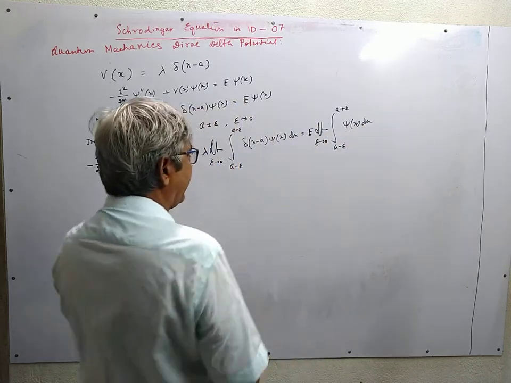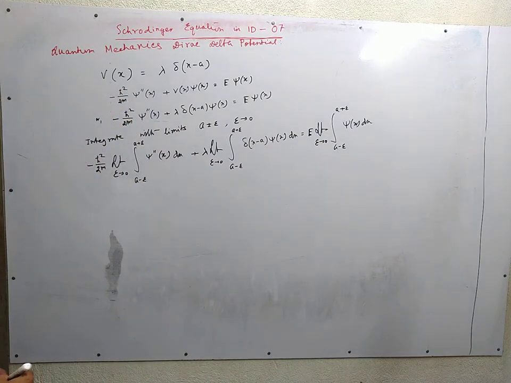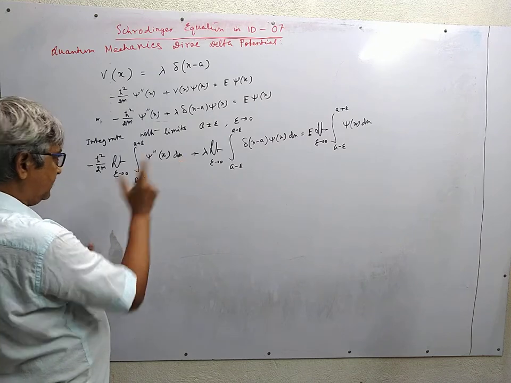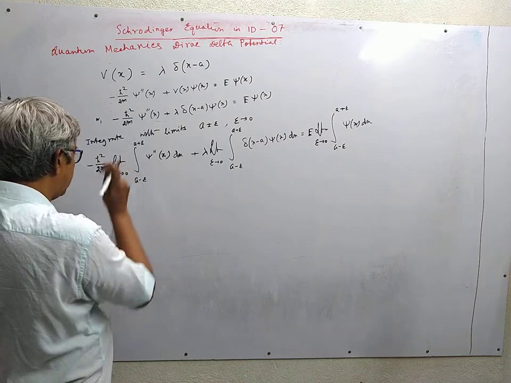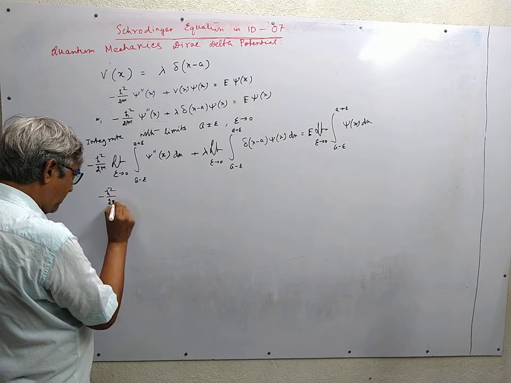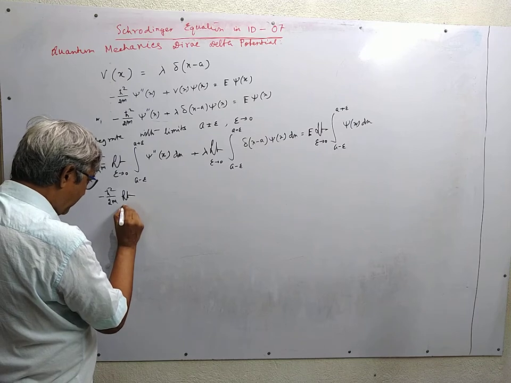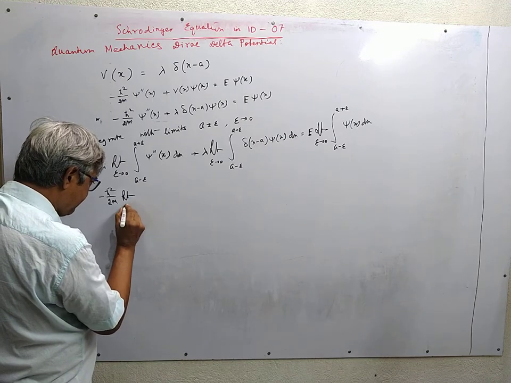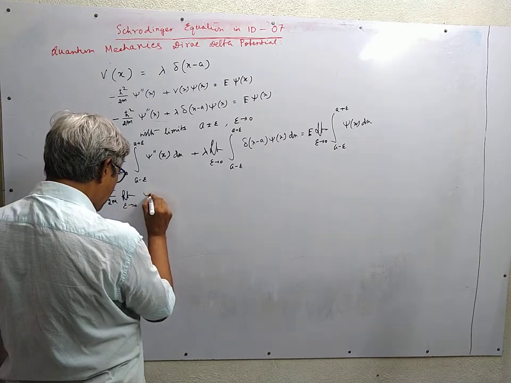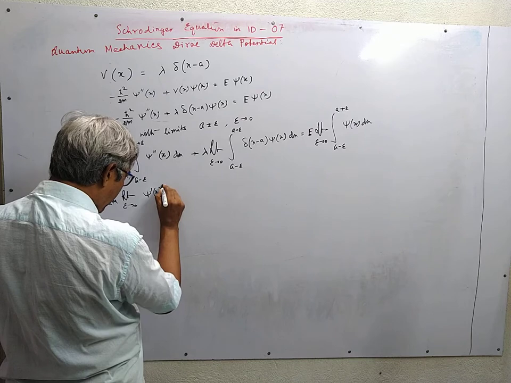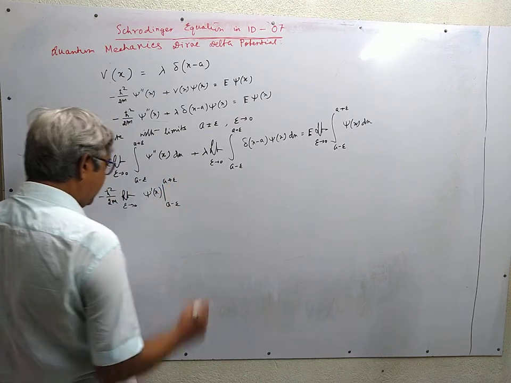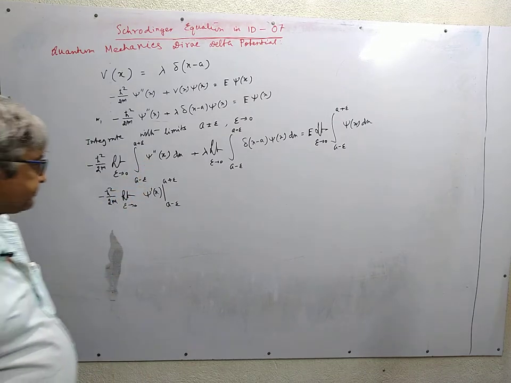Now let me analyze the terms one by one. If we integrate this, we will get the first derivative. So we will have minus h bar square upon twice m, limit epsilon tends to 0, psi prime at x between a minus epsilon to a plus epsilon. This is the first term.